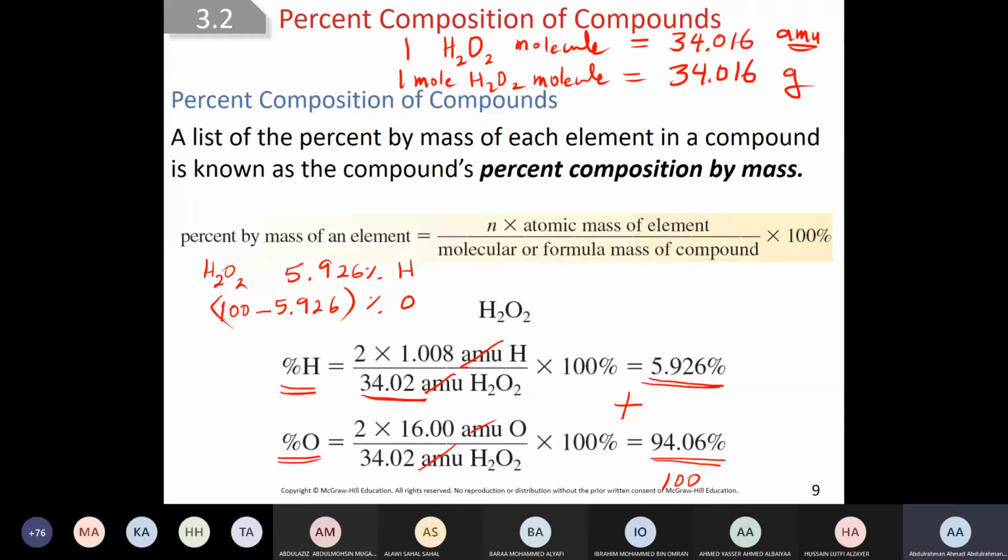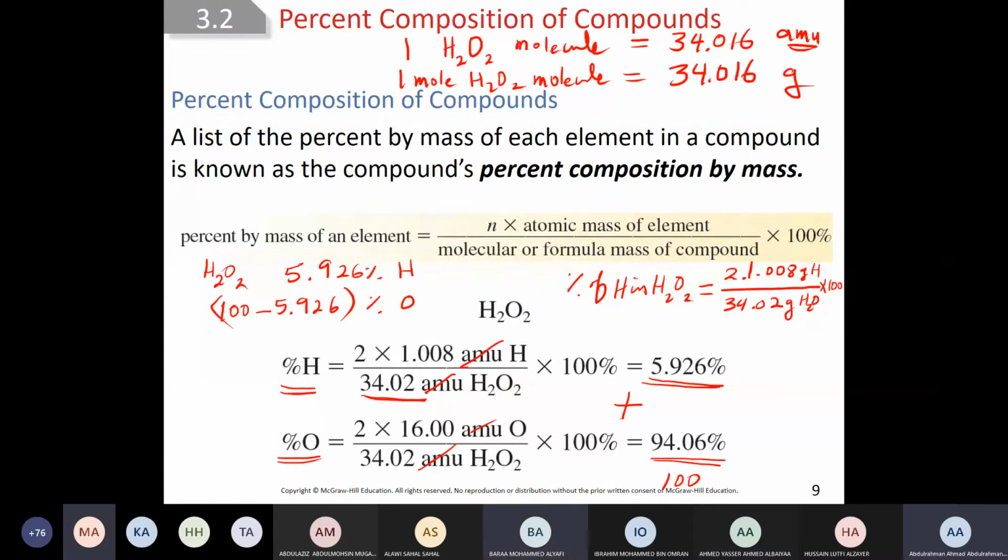Instead of AMU, can I use the mole? If I say, what's the percentage of hydrogen in H2O2 again, and I use here 2 times 1.008 gram hydrogen divided by 34.02 gram H2O2 times 100, can I do that?